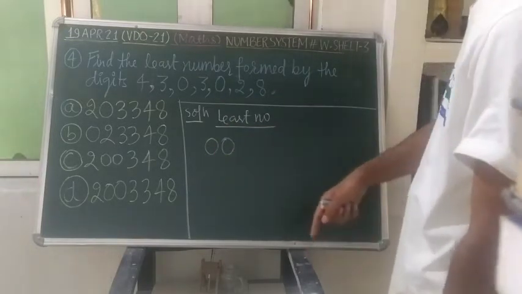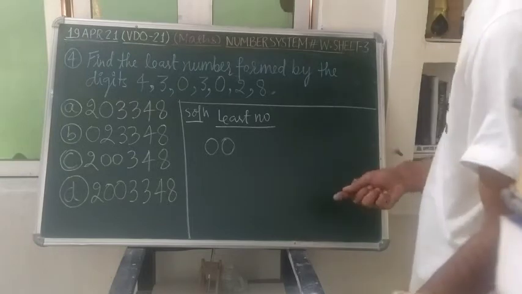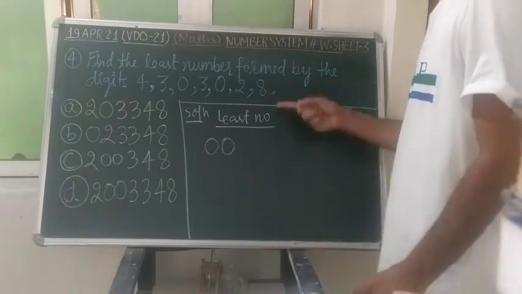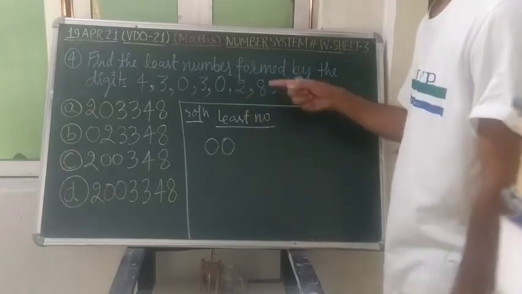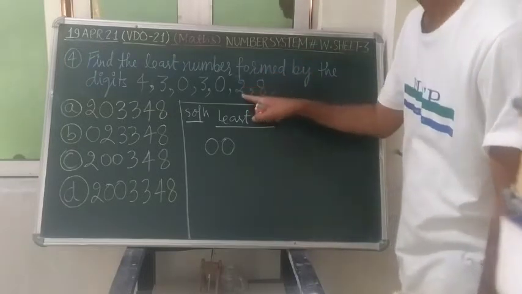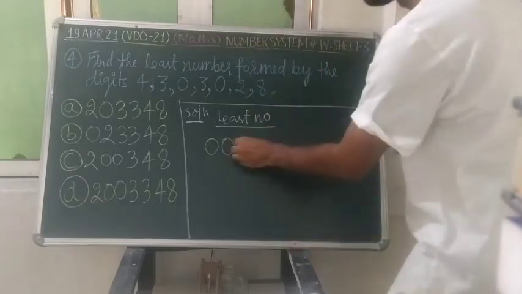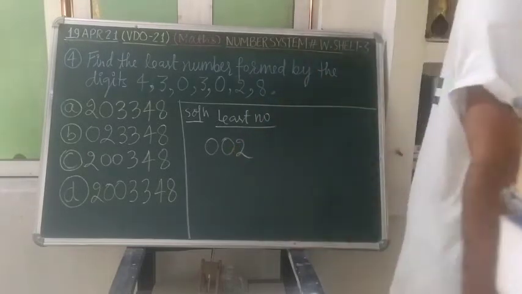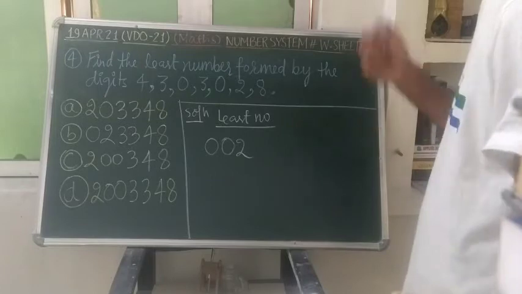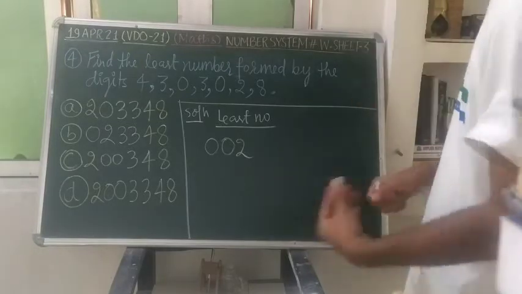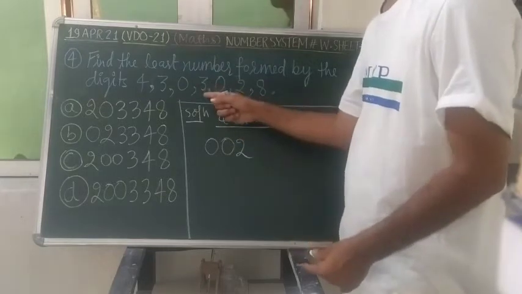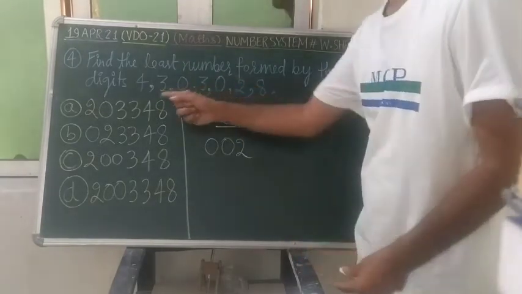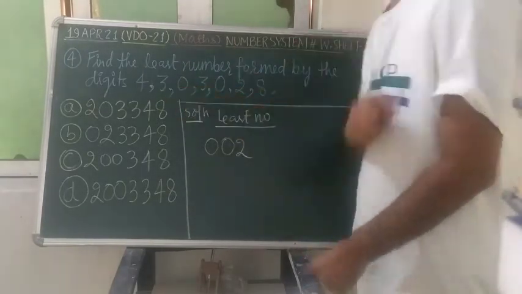Then after the 0, which next bigger number is present in the problem? 1 is not present. 2 is present, and 2 is present 1 time here. So 2 I will write. Then the next digit can be our 3, and 3 is present in that problem, and we are looking that 3 is present 2 times here.